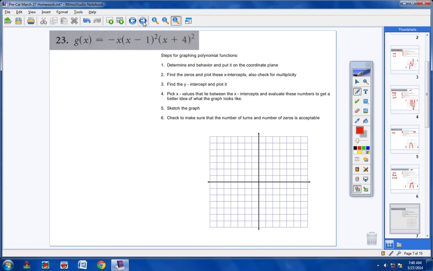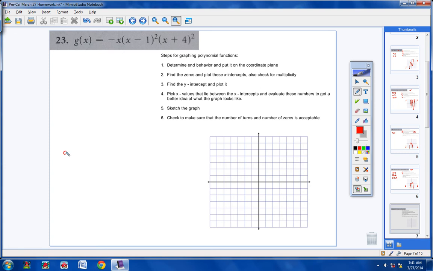Okay, let's move on to number 22 or number 23. Excuse me. Let me get that entered into my calculator here. And we are good. Here we go. All right, now on this one here, be very careful. The last time I made a mistake when I forgot to write all the multiplicities out, so let's be careful here.